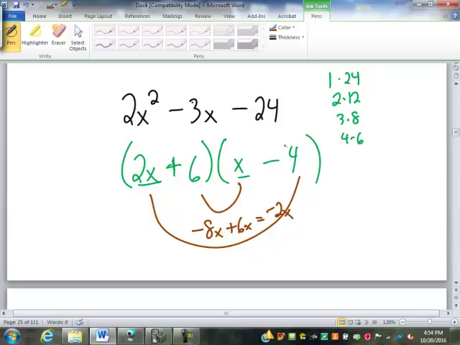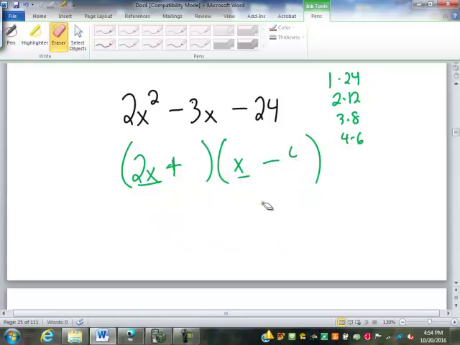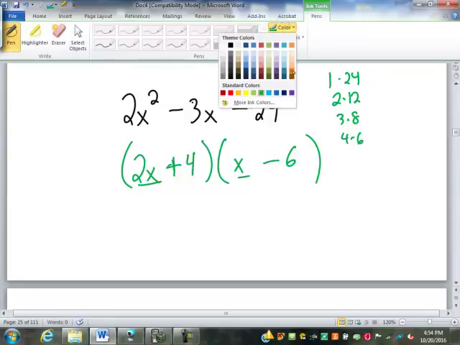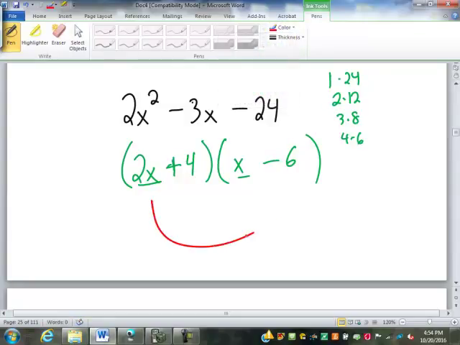Not what we want. Switching the positive and negative won't help. Switch the 4 and the 6. Four here and the 6 here. So now on the outside, 2x times negative 6 is negative 12x. 4 times x is positive 4x, which is negative 8x. That's not what we want, and it's not the opposite of it either.